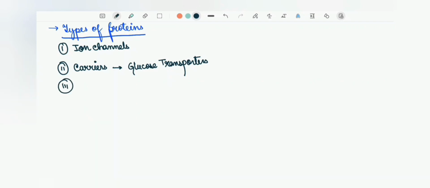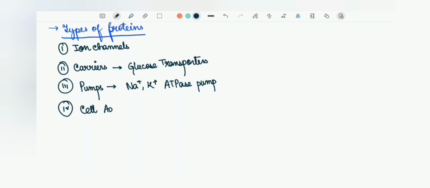Some proteins can also act as pumps, for example, sodium potassium ATPase pump. The other functions can be cell adhesion molecules, which in short we can call as CAMs.